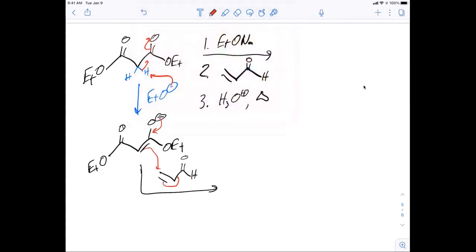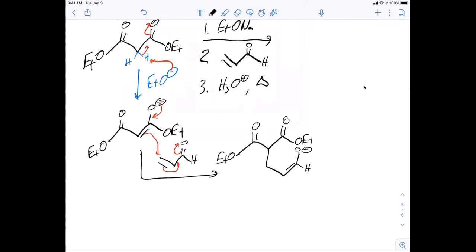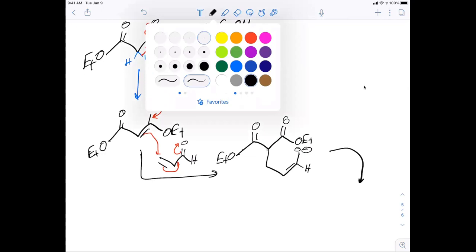Okay. Oops, I'm skipping a step. Let me not do that. So we have this enolate, right? So the enolate is formed after the first step, but then now we're going to step 3. Right, so let's follow this.